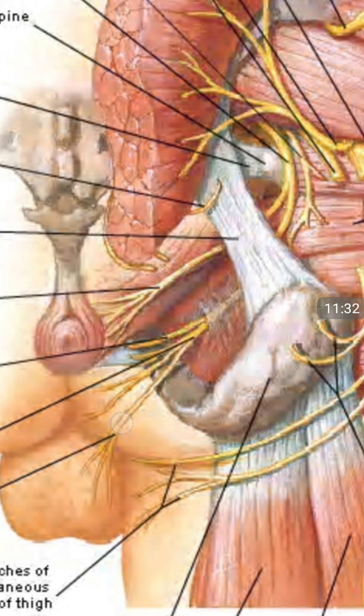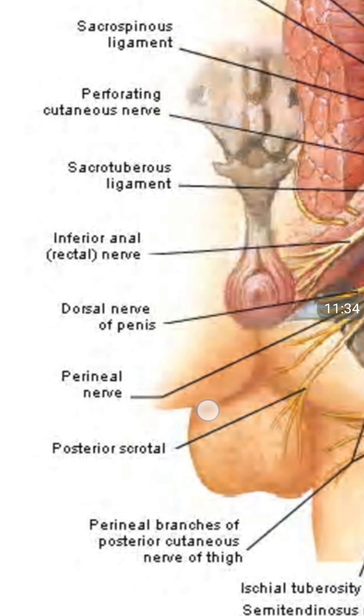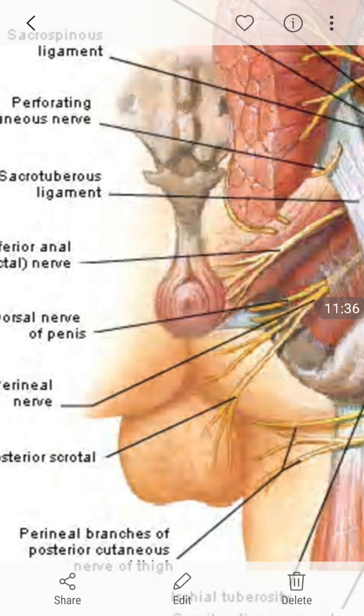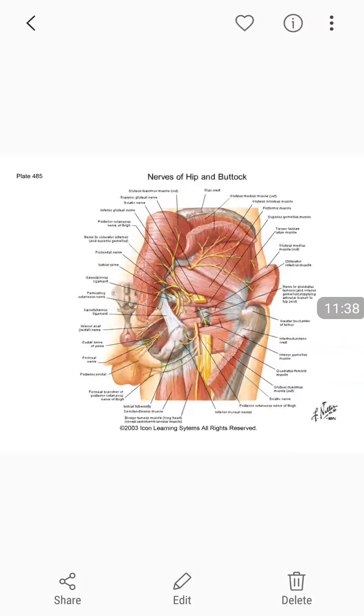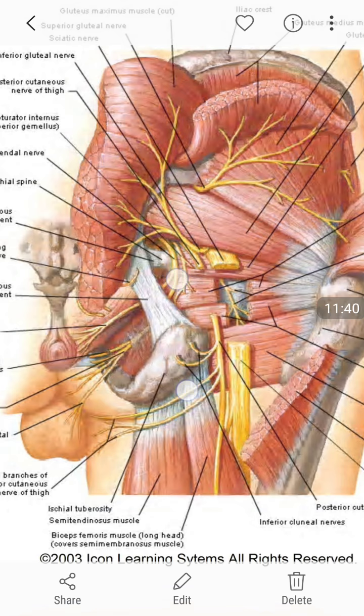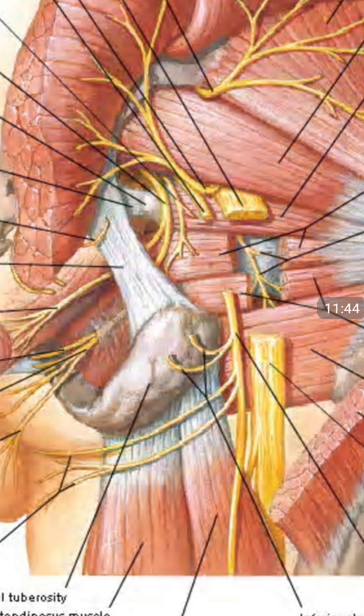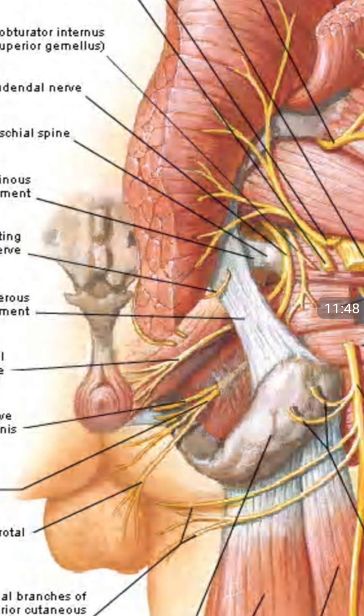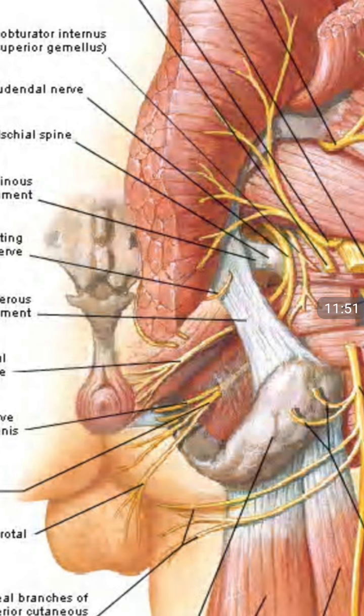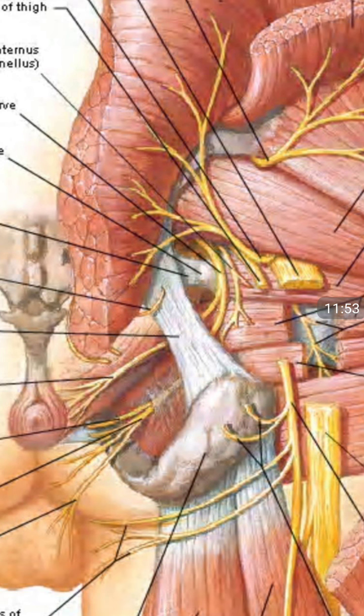For example, here you get the scrotal branch, and here the dorsal nerve of penis, perineal nerve. The word pudendum comes from a Latin word which means to be embarrassed, to be ashamed of, because this nerve supplies the genitalia, which are embarrassing organs of the body. That's why it has got the name pudendal nerve.